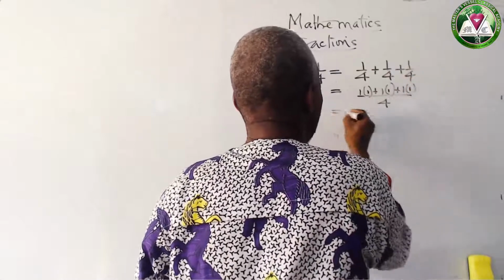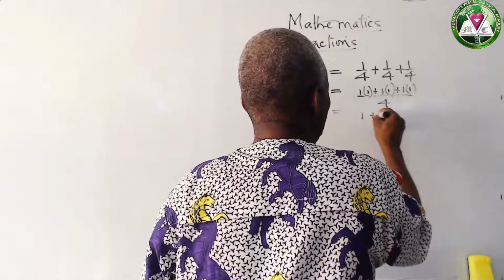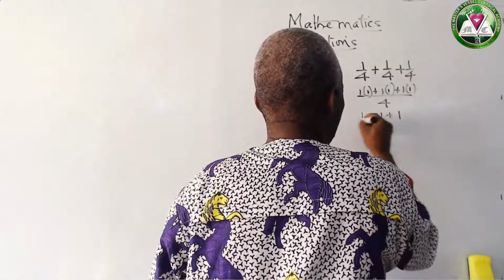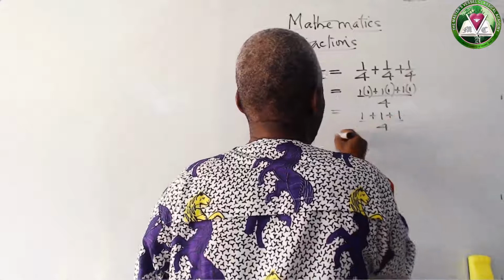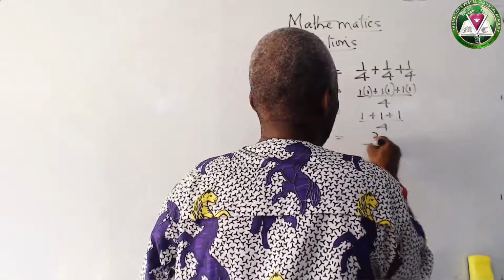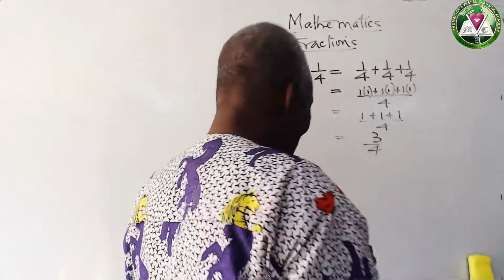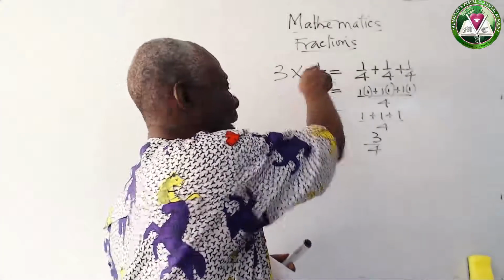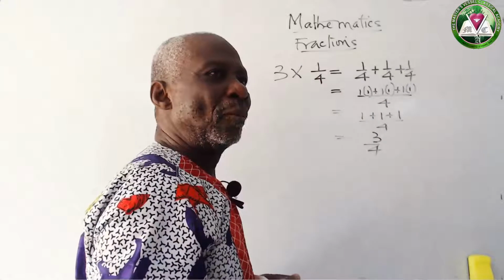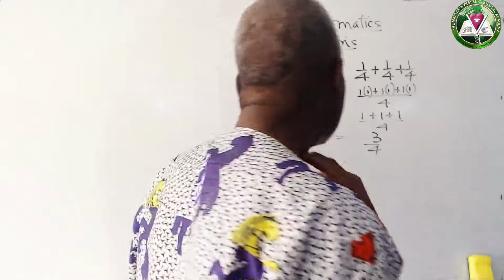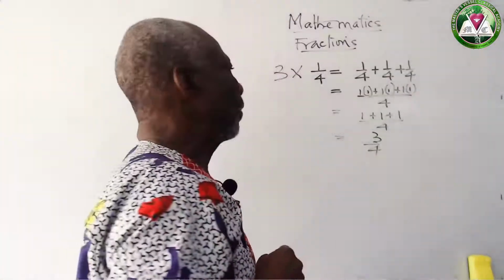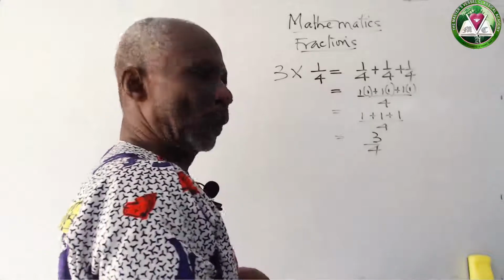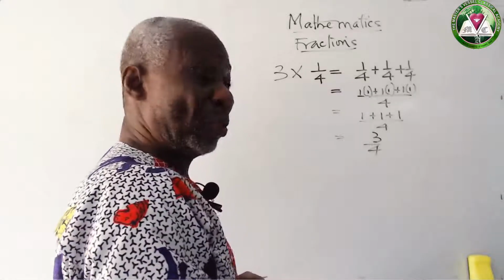So you now have 1 plus 1 plus 1 all over 4. And that gives us 3 of them all over 4. If you look at it, it would have been easier for us to say 3 over 1 multiplied by 1 over 4.